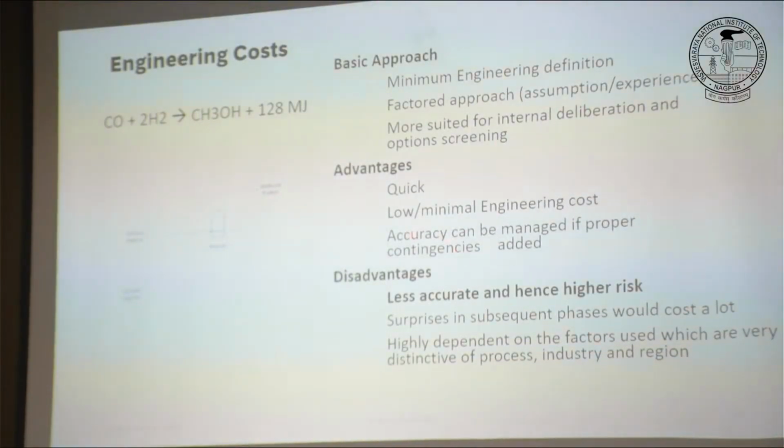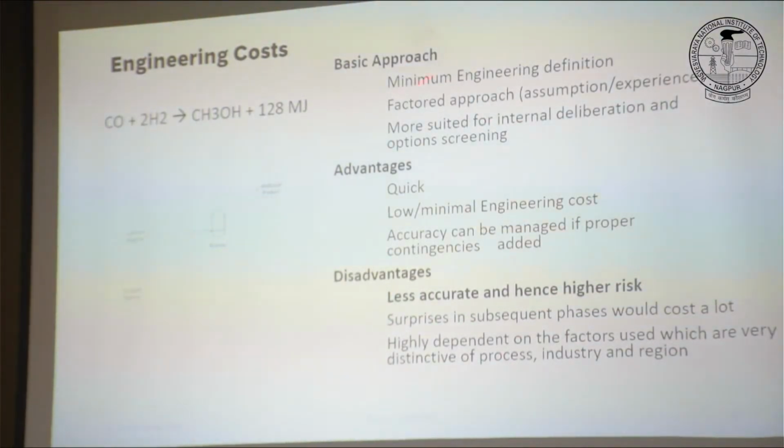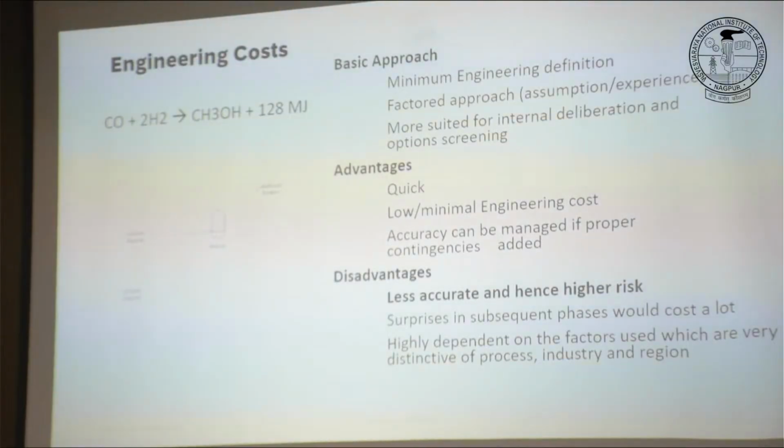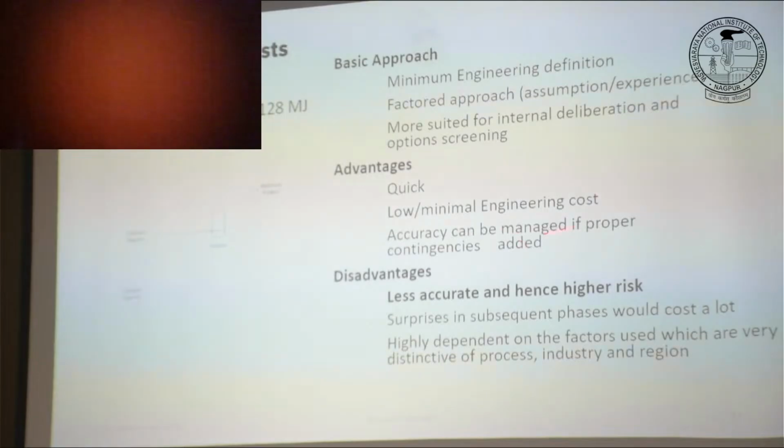Now look at the disadvantage. It's less accurate because your definition is minimum, barely minimum, right? So that's why it's high risk. And whenever we talk about risk, in this hour, it's always financial risk, right? So your accuracy is low, uncertainty is high.